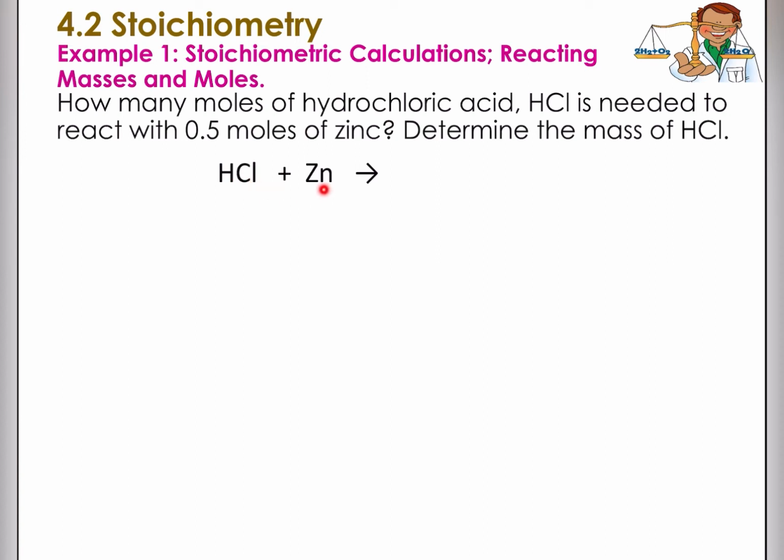Bila kita nak react, kita akan react antara ion tu untuk hasilkan compound. So ion yang opposite, zinc 2 plus akan react dengan Cl minus. So I will have zinc chloride, and then the rest of it, saya ada 1 hydrogen, dia akan combine with another hydrogen untuk hasilkan hydrogen molecule. So this is my product. So ini equation saya yang original.